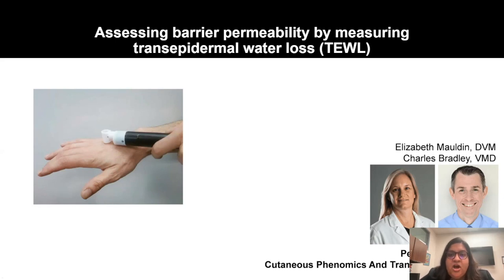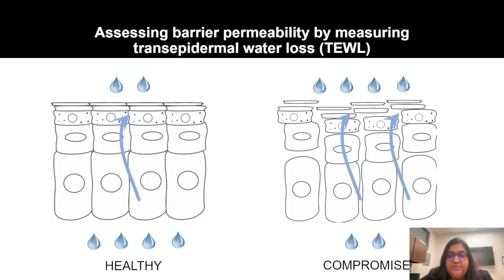This assay is often called TEWL, as I will refer to it in this talk. The concept is pretty simple: if there's a healthy skin environment, the skin should be able to control how much water we see at the surface. Whereas if it's a compromised barrier, we will see increased water loss, which will be marked by an increase in TEWL.